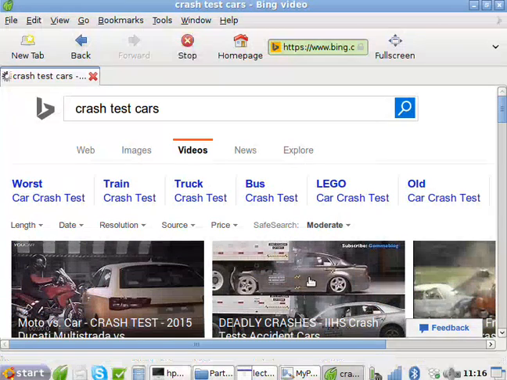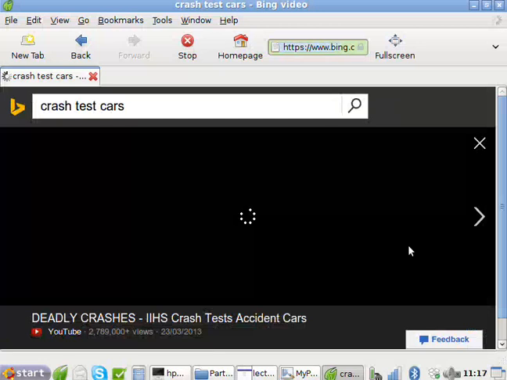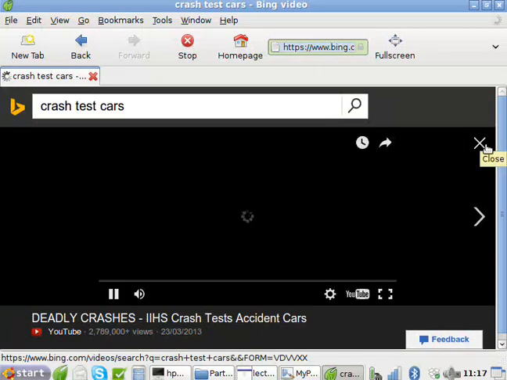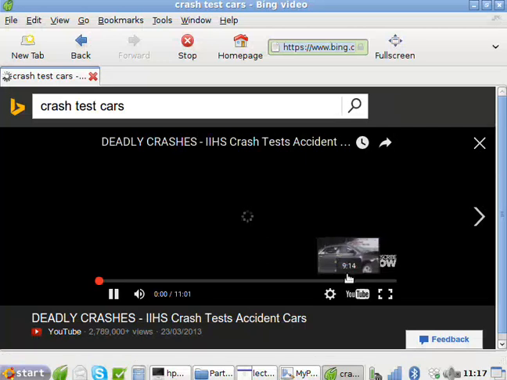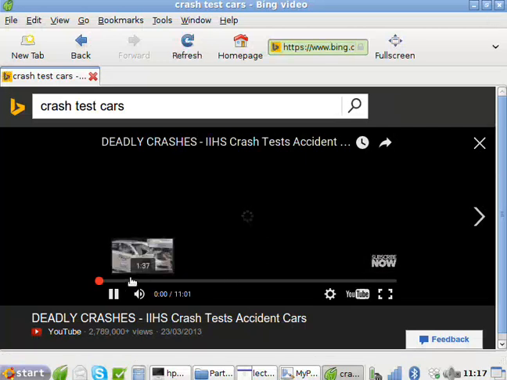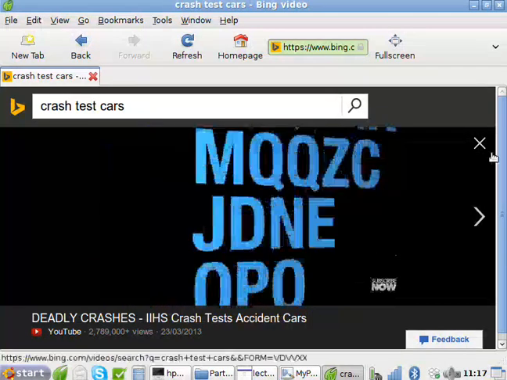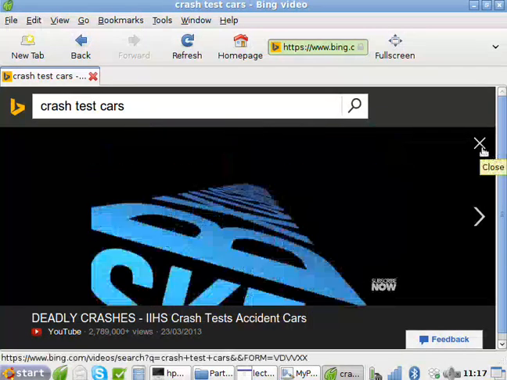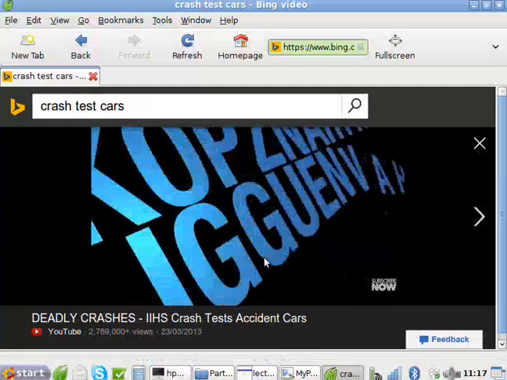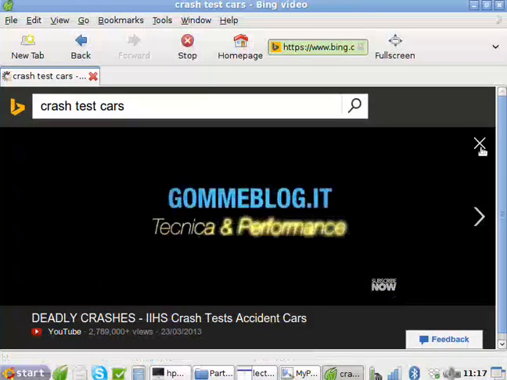Let me see if I can find a video here. For this question, you don't care about the distance the car travels to the wall. You only care what happens at the wall, and the S is the distance as it's crashing into the wall.